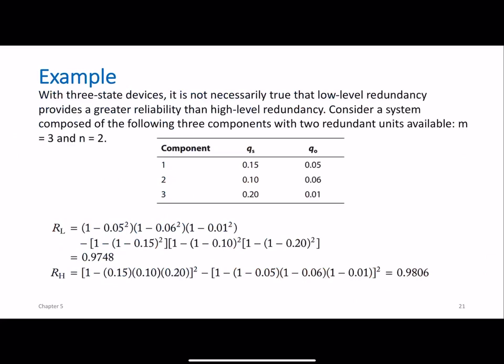Now let's look at an example. We have three components, each has a different short failure and open failure probability. As you can see here, for example, number one has a 15% probability of short failure and a 5% probability of open failure.